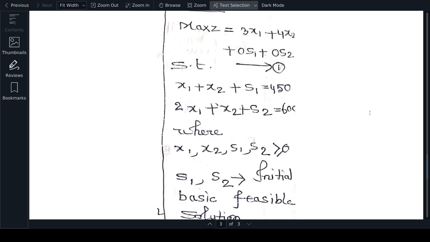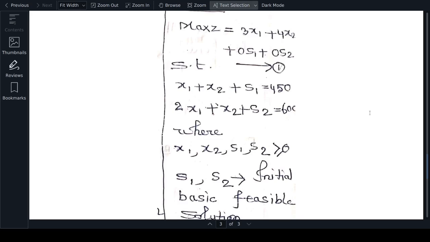Cj means the coefficients of the variables in the objective function, and Cp is the coefficient of the current basic variable in the objective function, and Xb is called the initial basic feasible solution. Just remember this notation: all the coefficients of the objective function are called Cj.